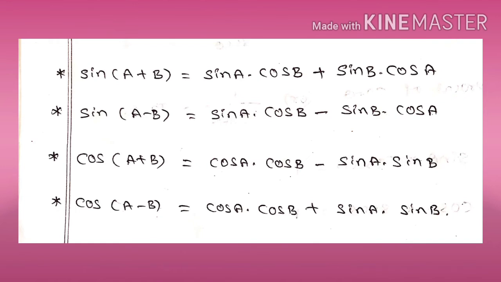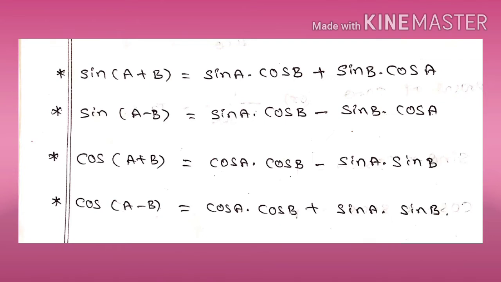And cos A minus B is equal to cos A cos B plus sin A sin B. In the case of cos, we will get the opposite sign. In the case of sin, it will be the same sign. I hope you understand. Let's go for the next slide.